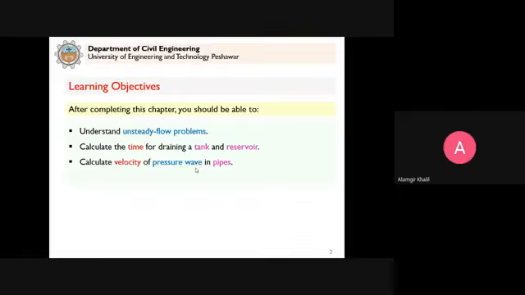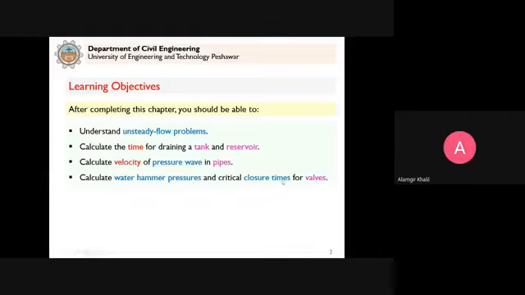Clear? With what velocity these pressure waves travel will give rise to what is known as water hammer. Water hammer is a phenomenon caused by the pressure waves that are developed, and we are interested in calculating the critical closure times for the valves, because valves are important components of piping systems. Not only in water supply systems, but for example in dams, when water is supplied through tunnels to the powerhouse and the turbines, a huge quantity of water is flowing.